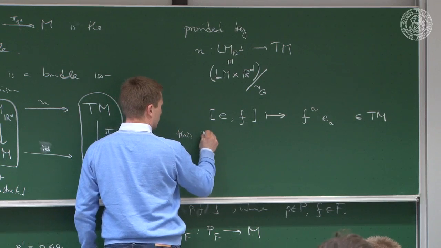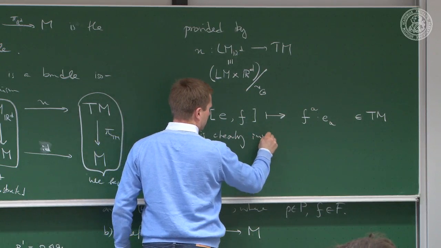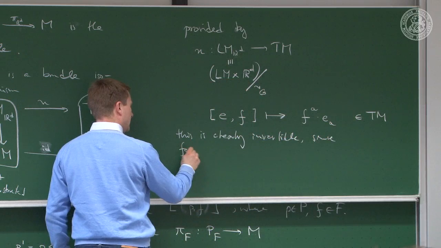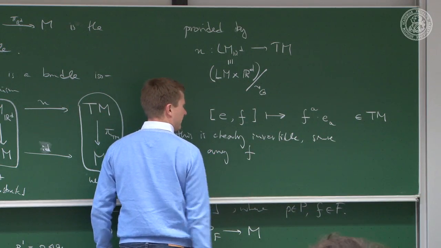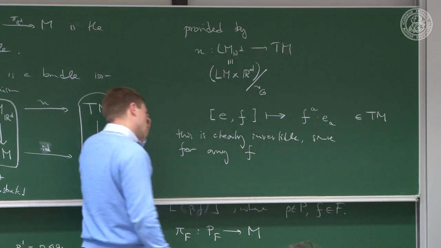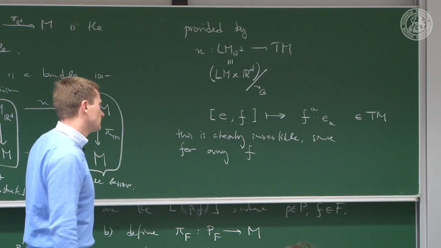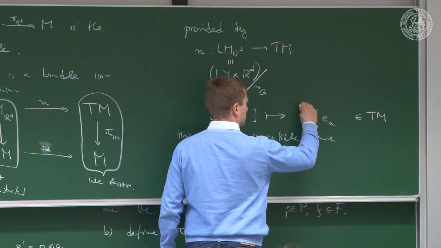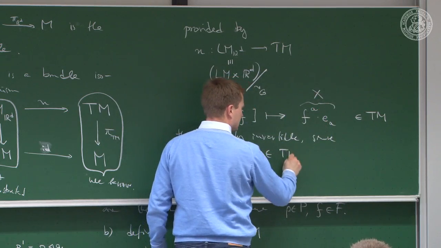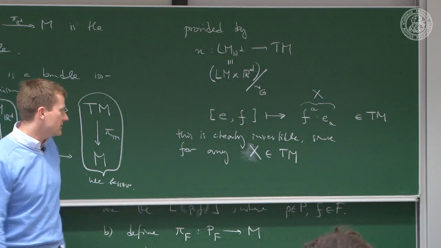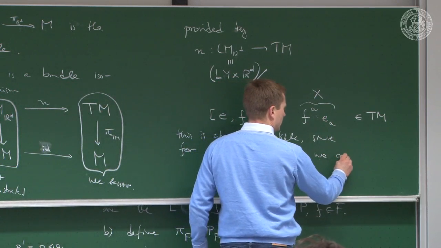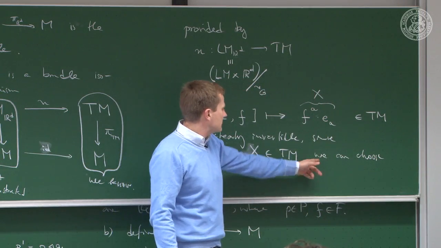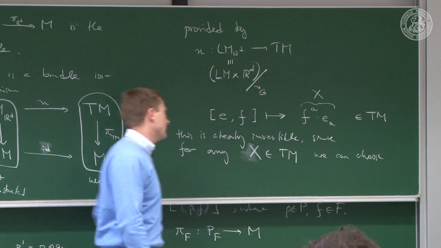This is clearly invertible, since for any x in TM, that's not necessarily of this form at first, so for any x in TM, there first of all is a certain base point, so this is x at p.